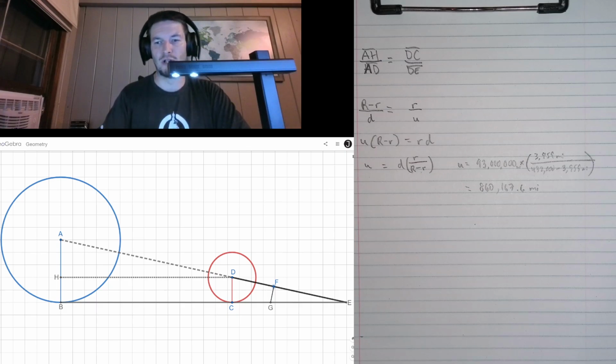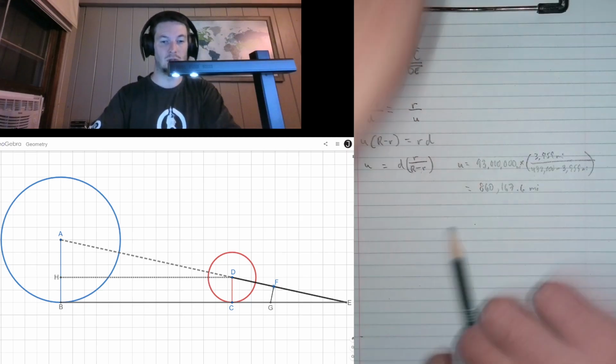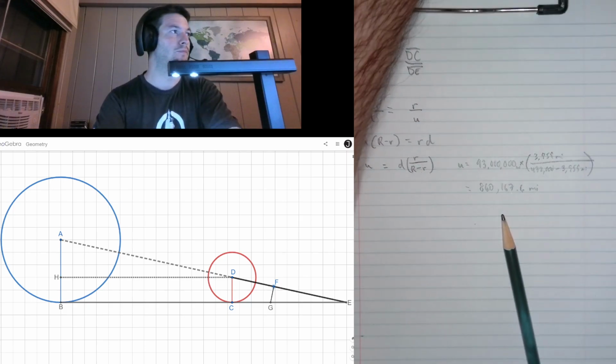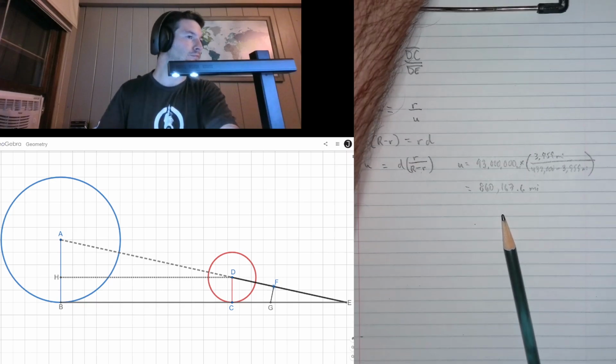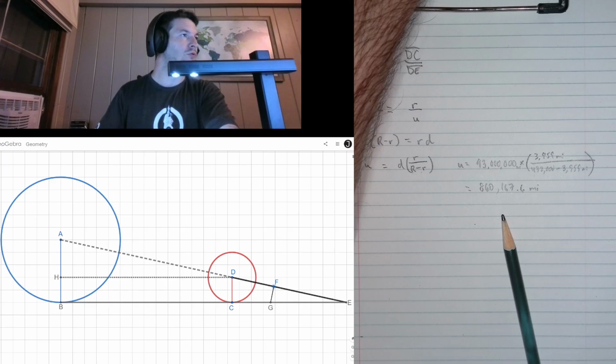Now, we could calculate the min and the max if we take aphelion and perihelion. So let me get those numbers for you. Aphelion and perihelion for the Earth.